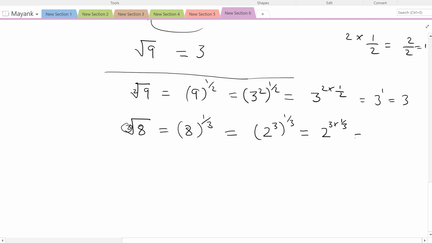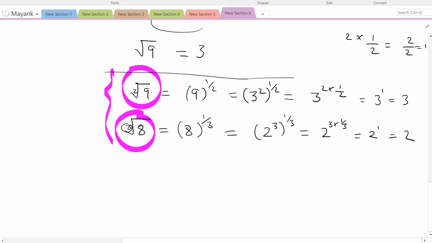Good. So 2 powered by 1, which is 2. So those were some special examples that I picked for you. I think you understand both of them. I mean, the way I turned them into exponent, and then I got rid of this fraction power.